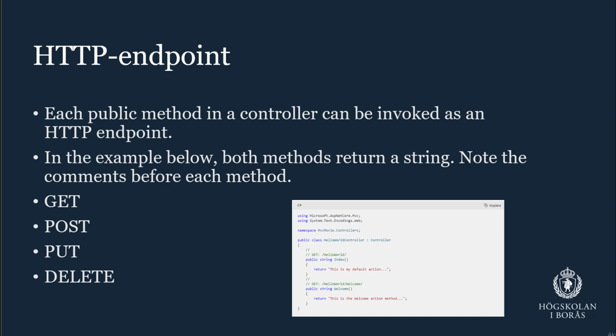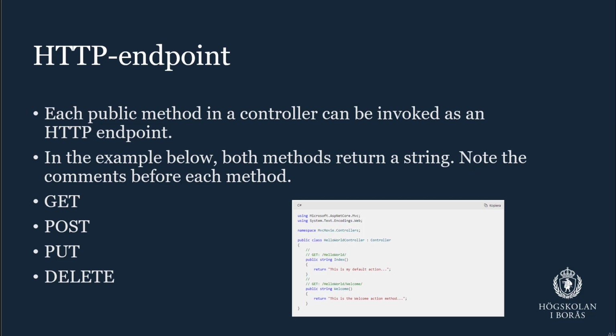When working with controllers, each public method in our controller can be invoked as an HTTP endpoint, basically meaning that it is a channel for communication for our web server and our web browsers. In the previous example we looked at, both methods return a string.